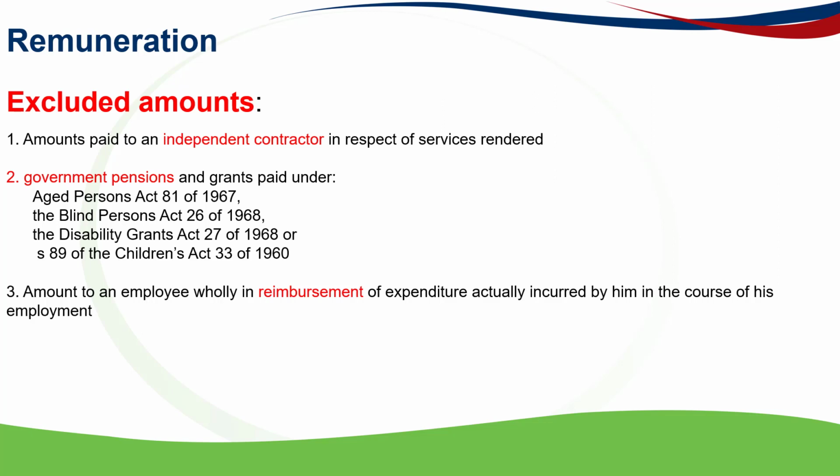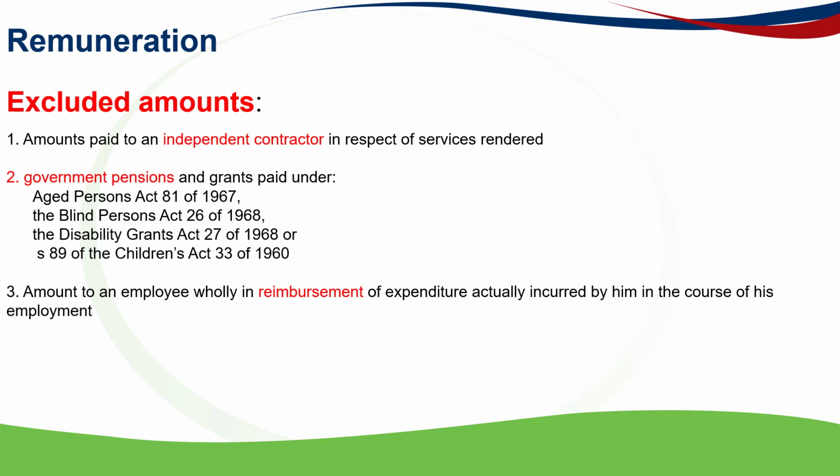So you incur the expense first and then you claim it back from the employer. If you have incurred that amount for business or for trade purposes on behalf of the employer, then that amount is excluded.